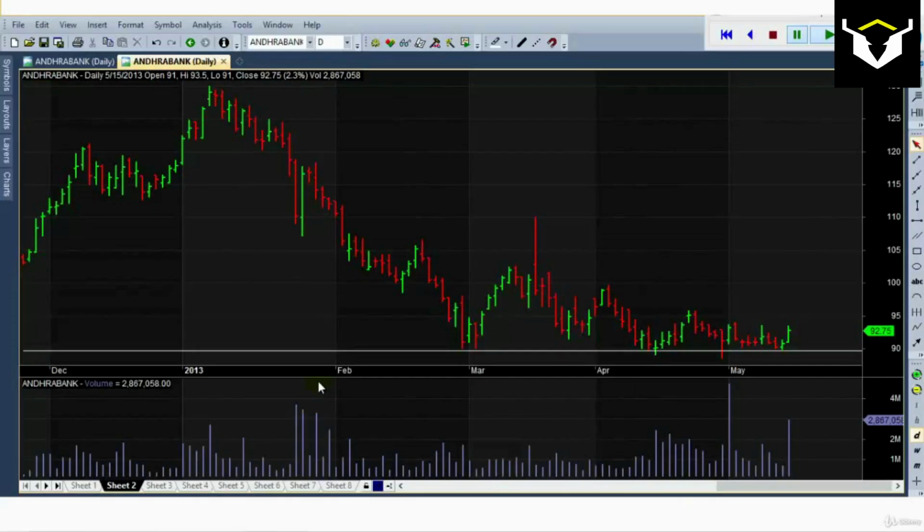Following is a daily chart of Andhra Bank for the month of May 2013. As of the last bar, you can see Andhra Bank is finding support at the level of 90, but take a look at the tops.